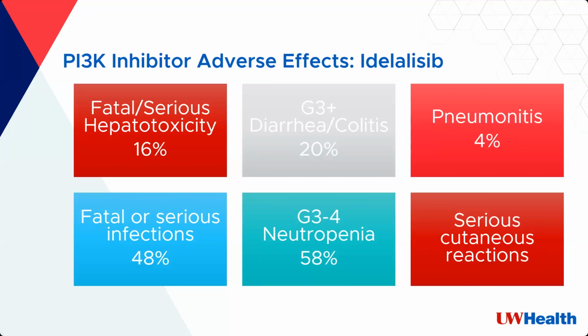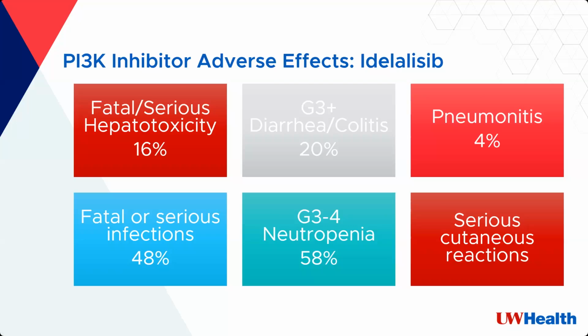This slide shows some of the hallmark adverse effects associated with one of the currently approved PI3 kinase inhibitors out there today, idelalisib. What you'll see is there are really high rates of serious adverse effects of these agents, so you have to use caution if and when you're utilizing them. Up to 16% of patients had serious or fatal hepatotoxicity. 20% of patients had grade 3 or higher diarrhea or colitis.